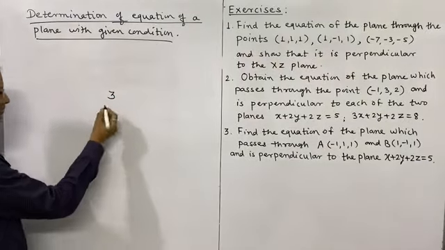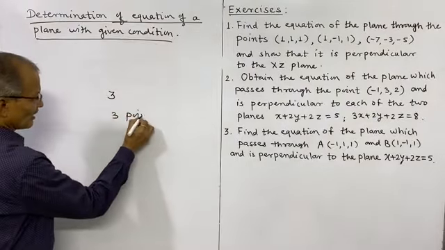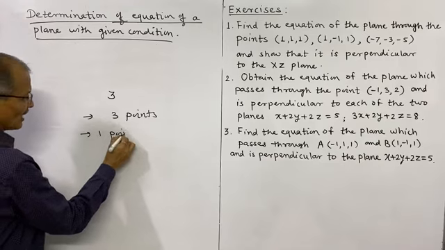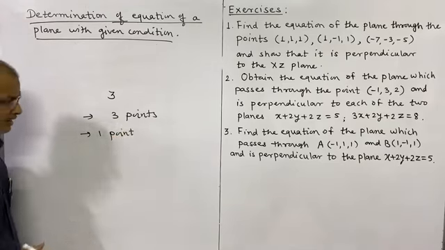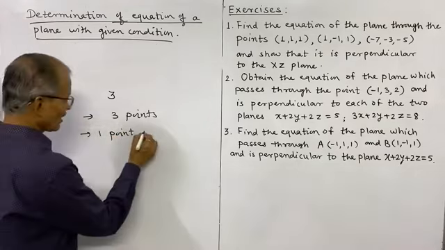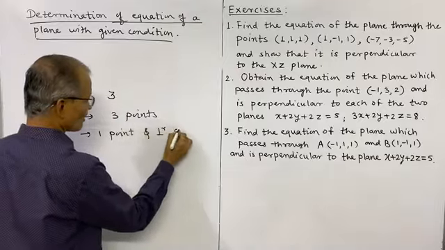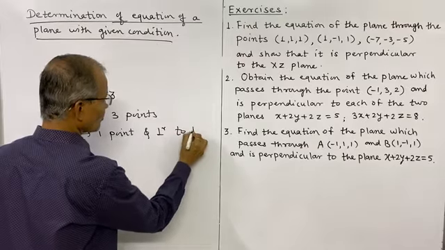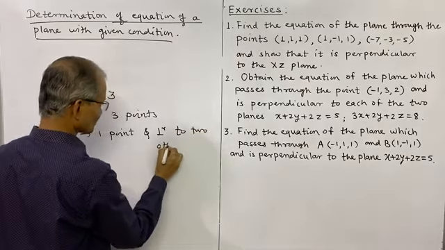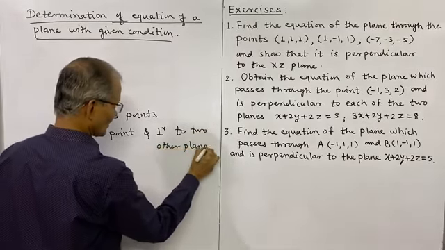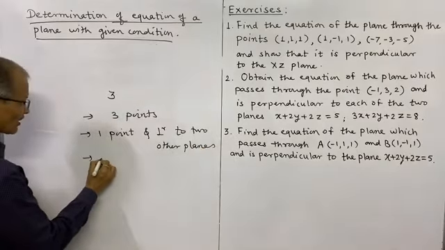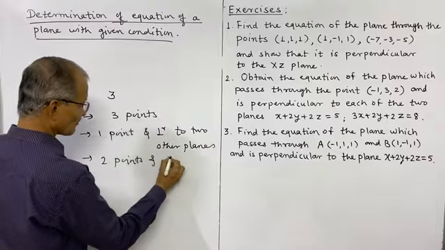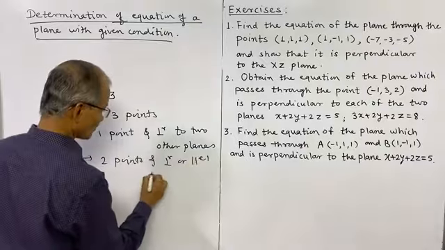3 conditions, that may be 3 points, or that may be 1 point and the plane is perpendicular or parallel to 2 other planes, or that may be passing through 2 points and perpendicular or parallel to another plane.